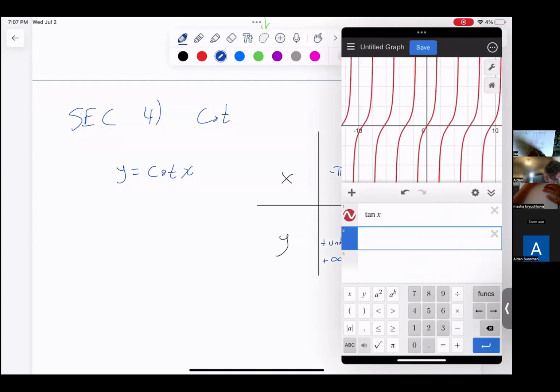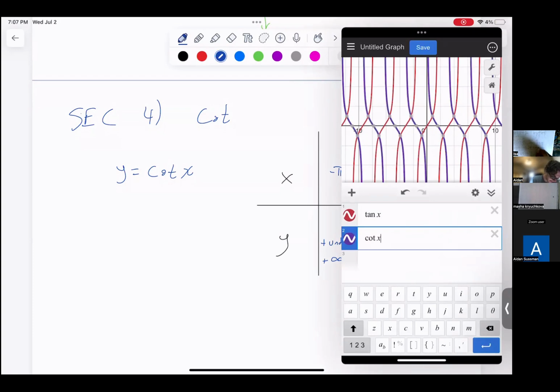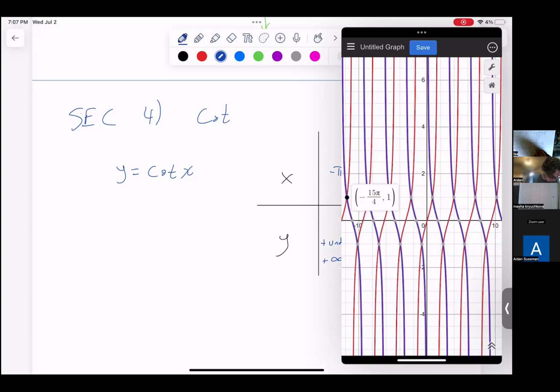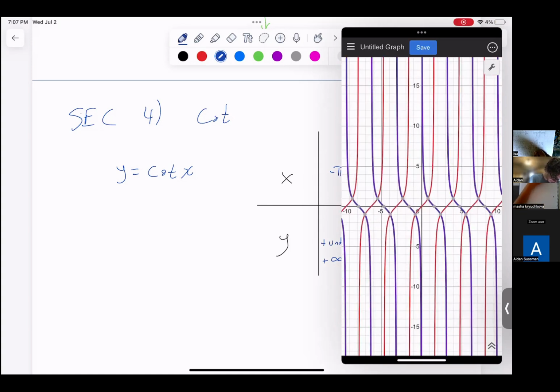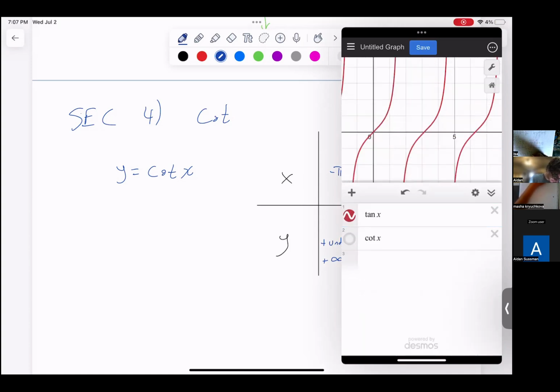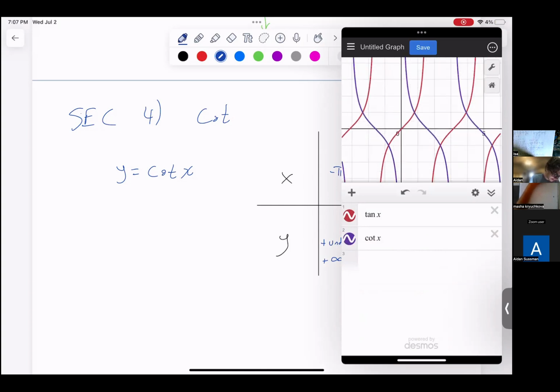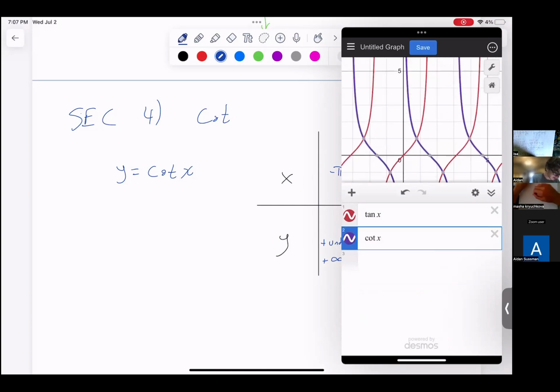And guess what? Let's take a look at this really quickly. Let's see what it actually looks like. Cotangent of x is quite literally like flipping our tangent of x. Let me zoom in. And we can quite literally see that it's very similar. It's just shifted to the right, right?